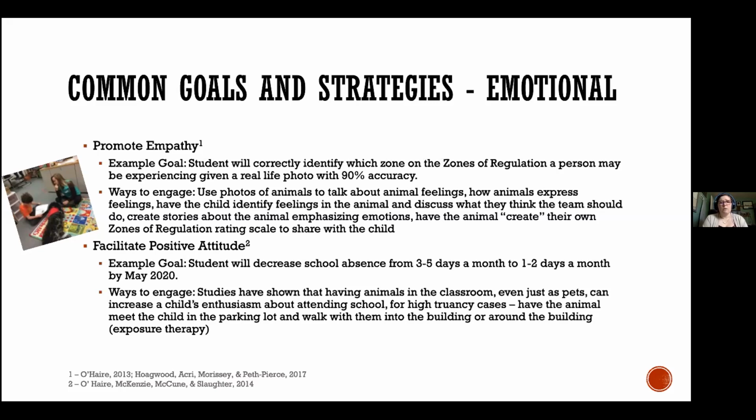And so we want to utilize the animals when possible in order to help soothe the child and calm them, and again, create that safe space. I know for high truancy cases, we've utilized canines where we can actually meet them in the parking lot and kind of do almost like an exposure therapy little by little until the child is back into the classroom full time.